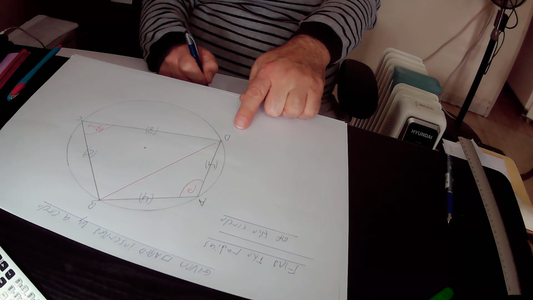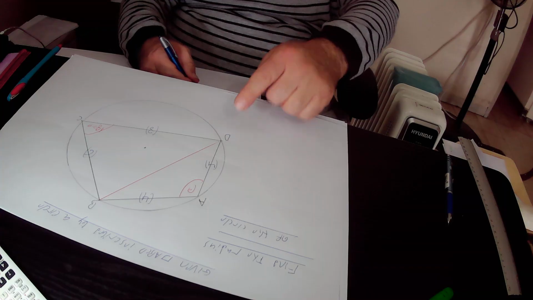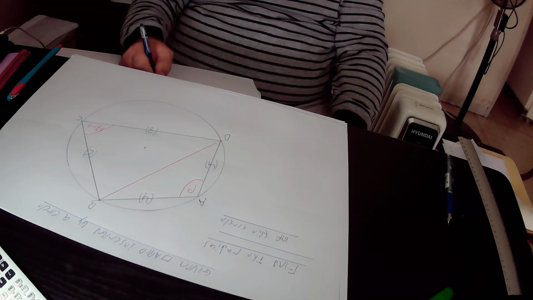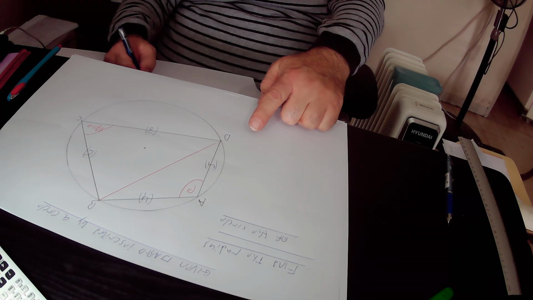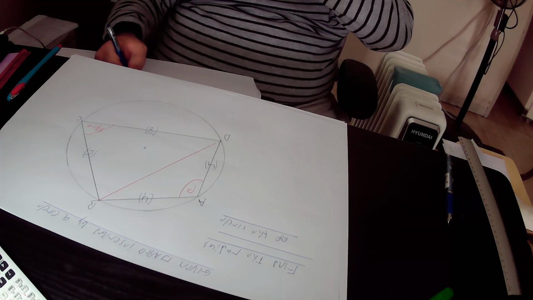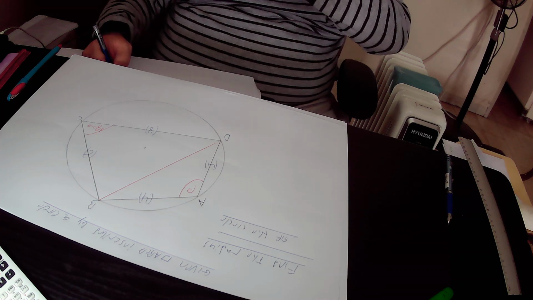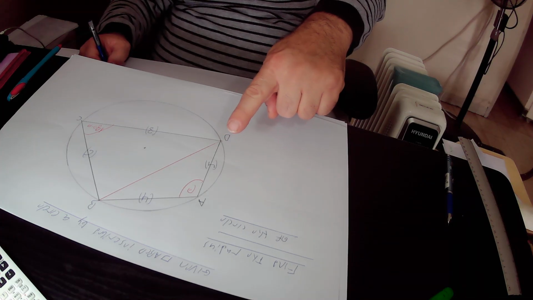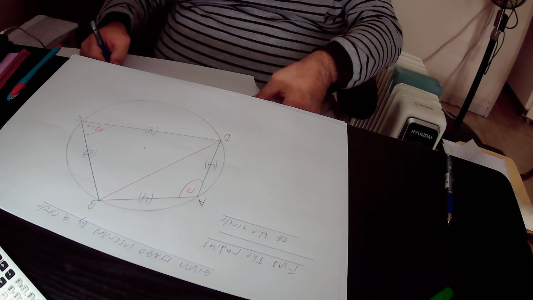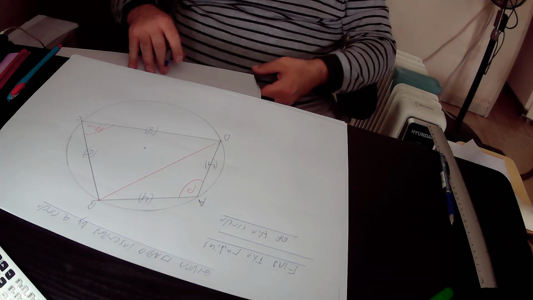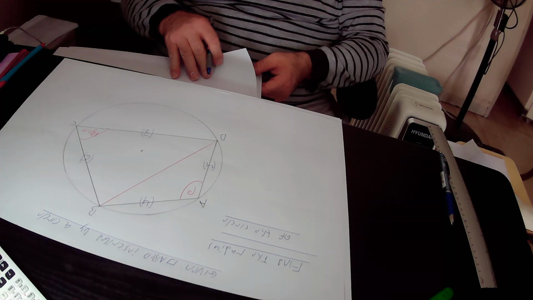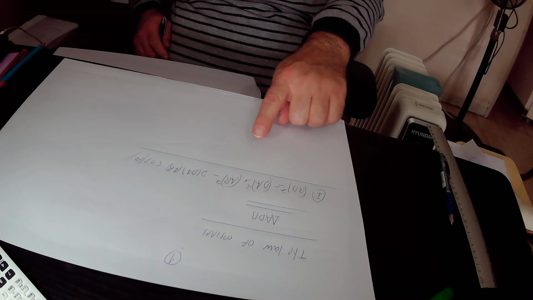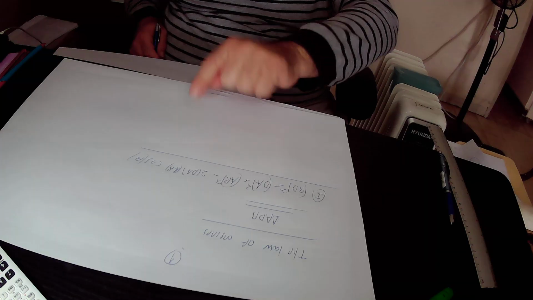According to the law of cosines, in this triangle ADB, the following equation is true: BD squared equals DA squared plus AB squared minus 2 times DA times AB times cosine theta.